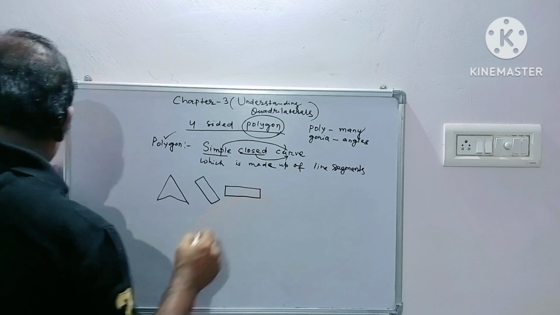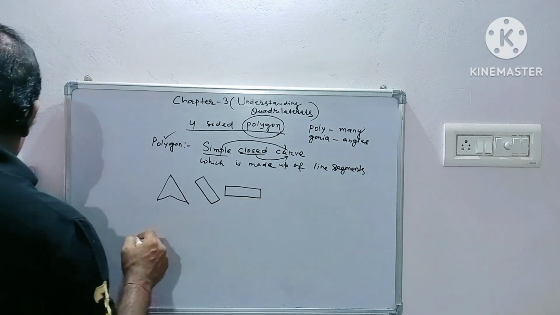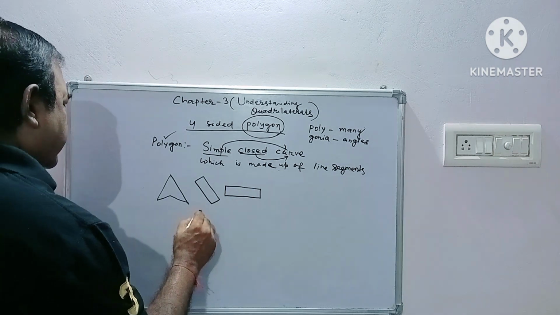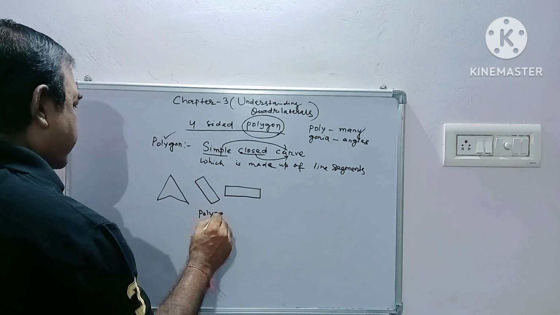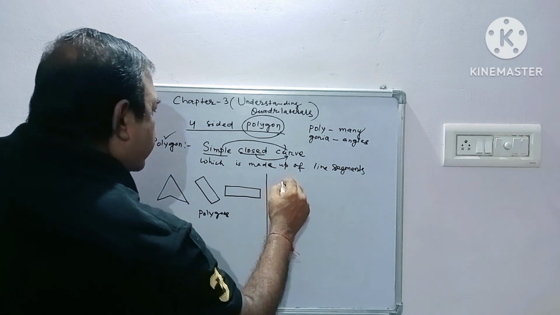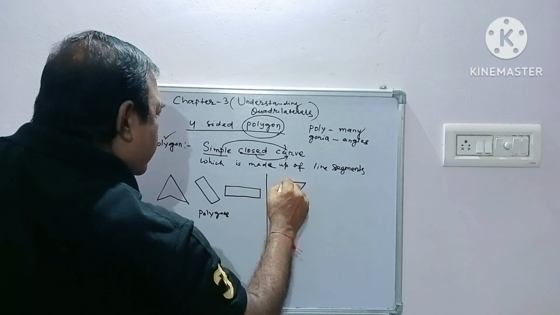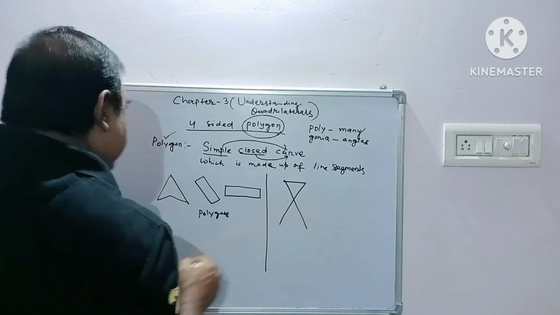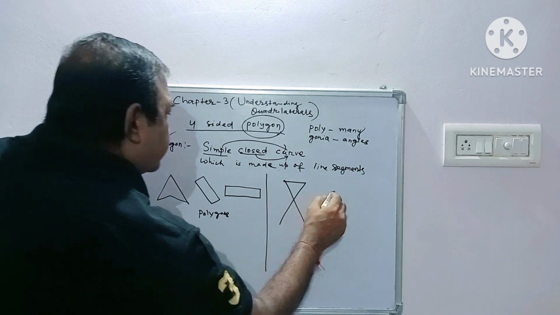The straight line, straight path. And these are the polygons. But those which are not polygons are on the right side. Already it has been given in the book.